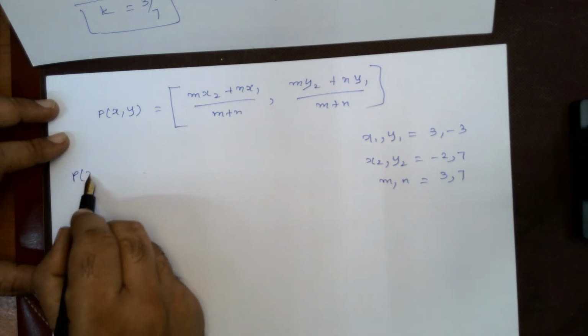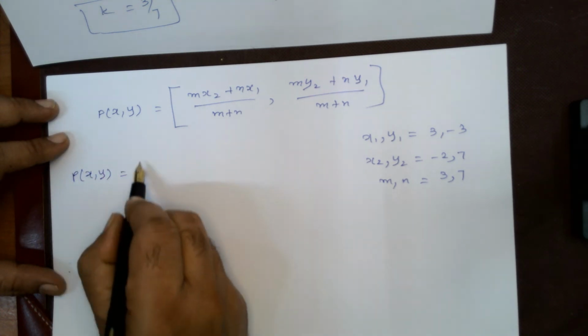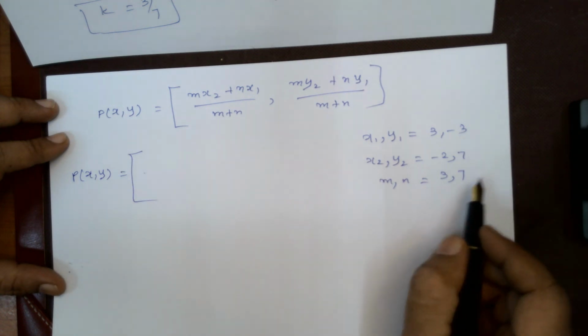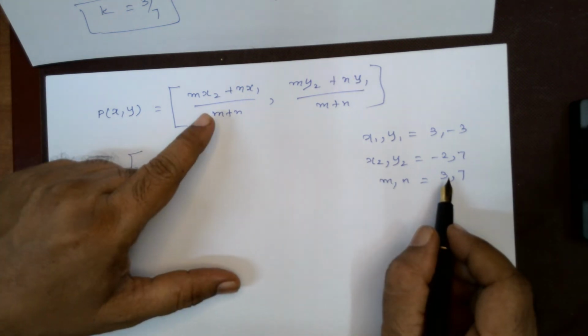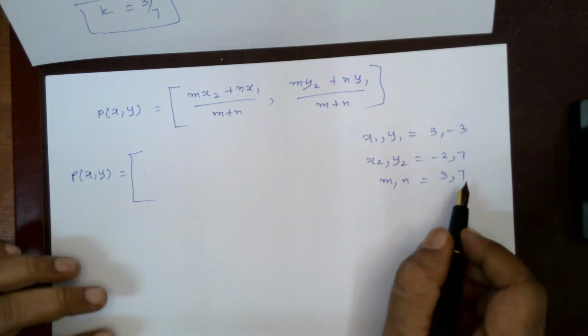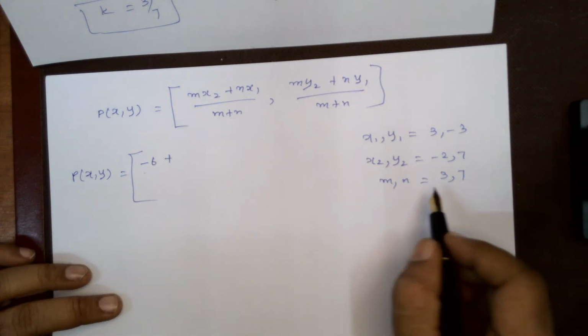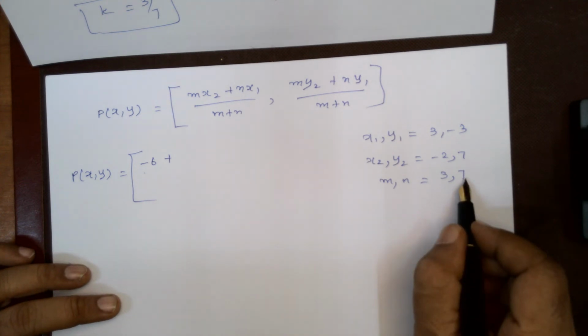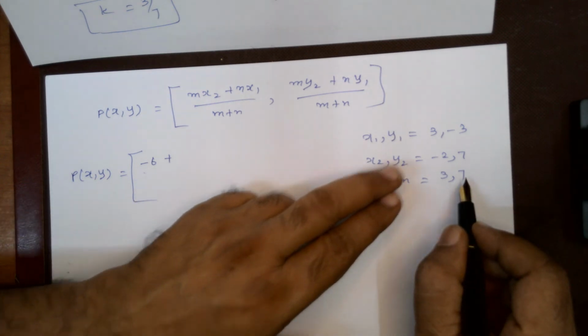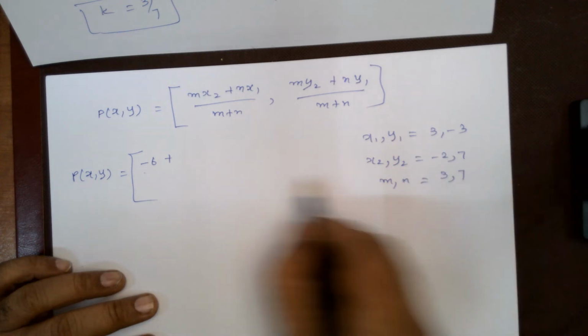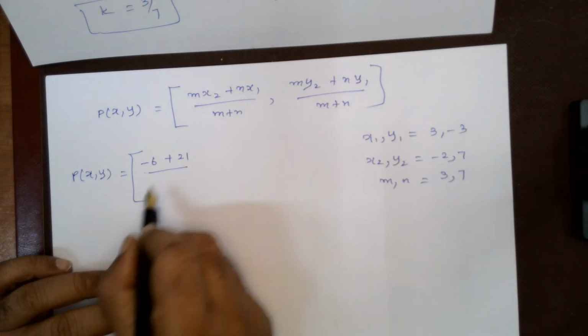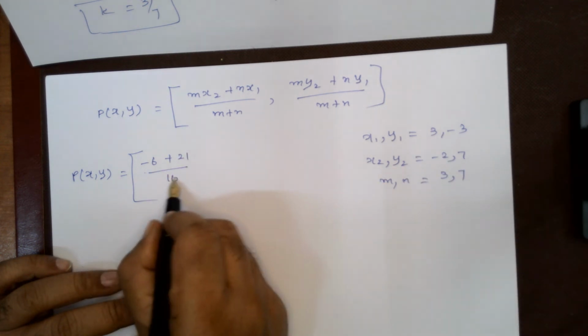So p of x comma y is equal to, now proceed. What is m? 3 into x2. x2 means minus 2. So minus 6 plus nx1. n is 7 and x1 means 3. So 7 3s are 21 divided by m plus n, that is 10, comma.